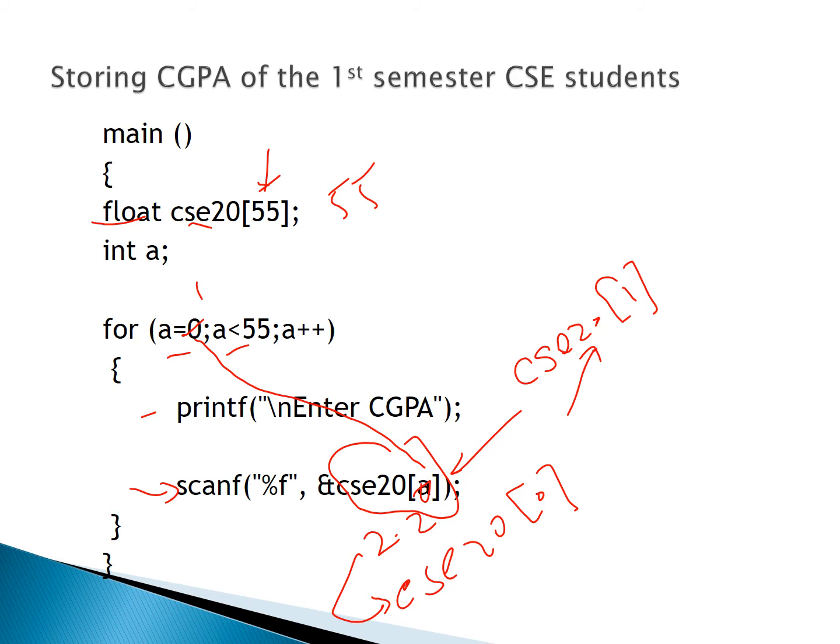That is the second element, and so on. So this is a very simple way to store multiple values in an array using the for loop. You don't need to write the assignment statements for each element.